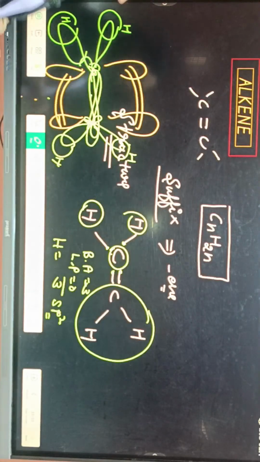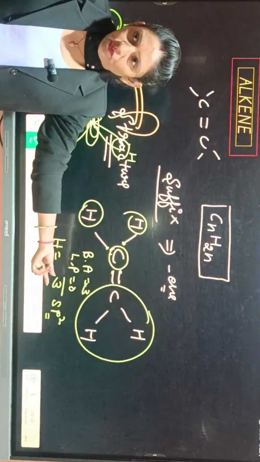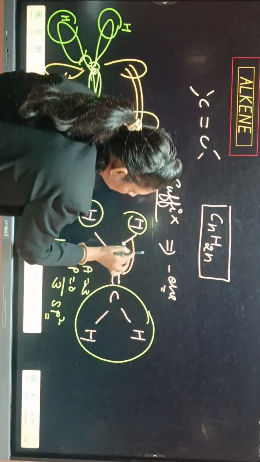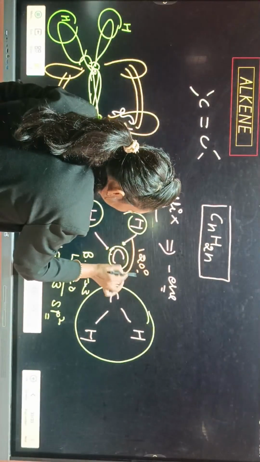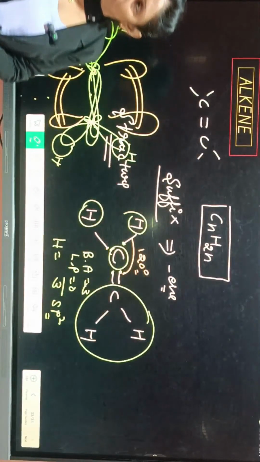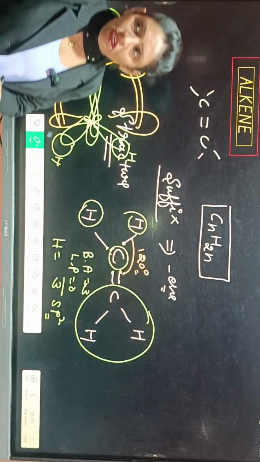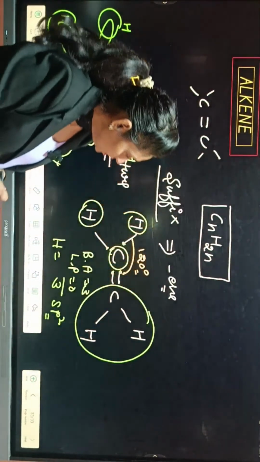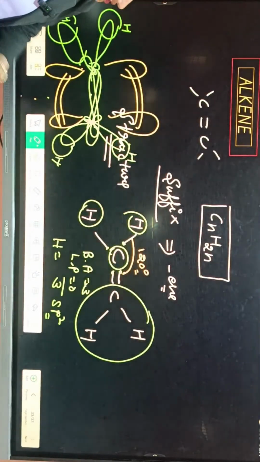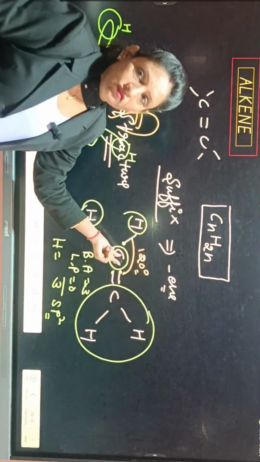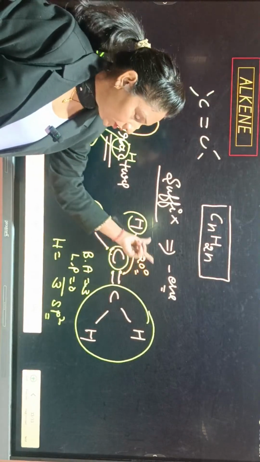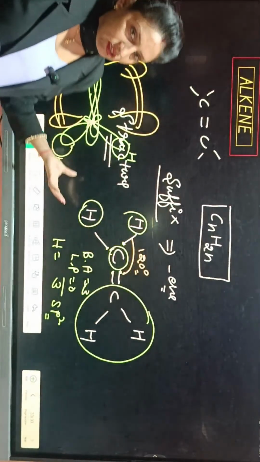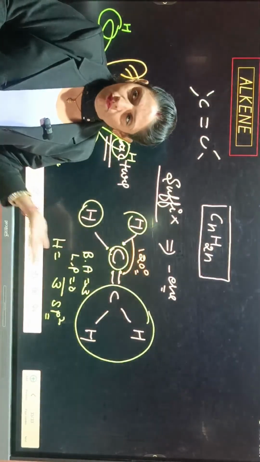Then, with sp2 hybridization, the angle will be 120 degrees, and the structure will be trigonal planar. So in alkenes, carbon hybridization is sp2, the angle is 120 degrees, and the structure is trigonal planar.